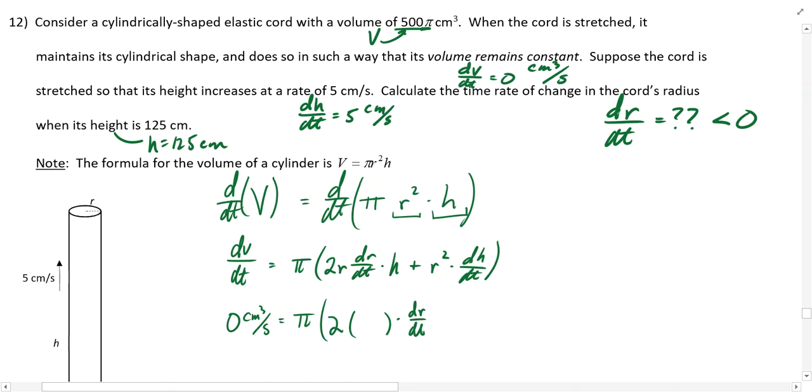That's what we're actually looking for, dr/dt, when height is 125 centimeters. And again, the radius squared, we don't know the radius at the moment, but the height is changing at 5 centimeters per second. So we've got 5 centimeters per second over here as our dh/dt.